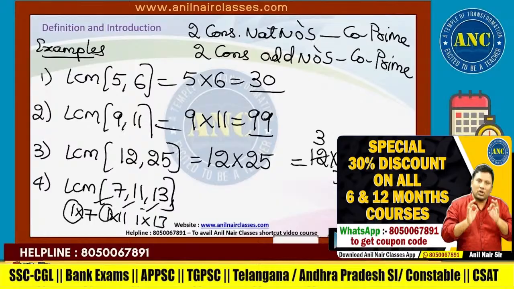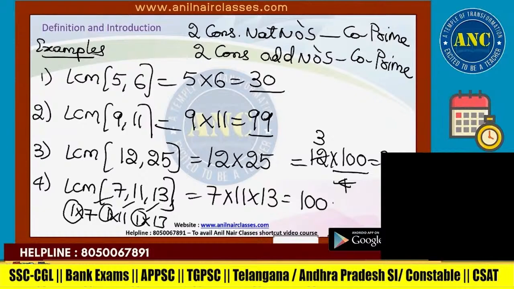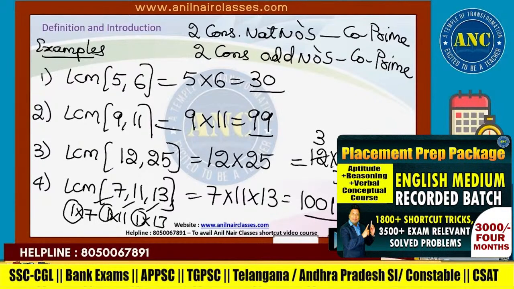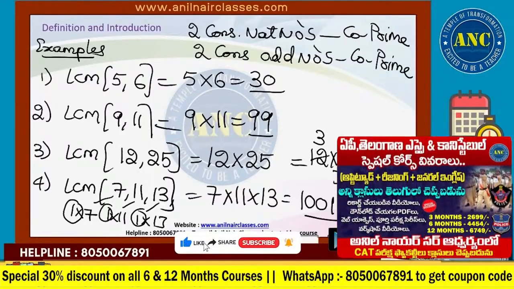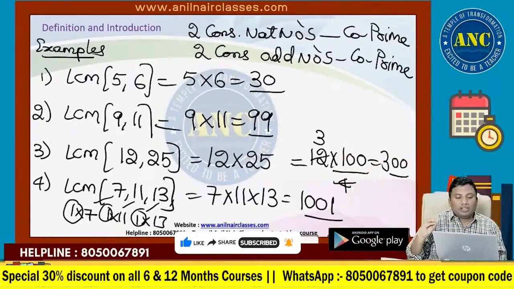Only one factor is common. So it is nothing but 7 into 11 into 13, which is 1001. LCM of co-prime numbers is always their product.